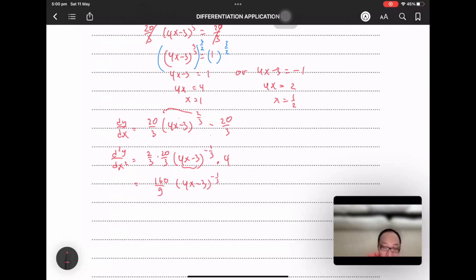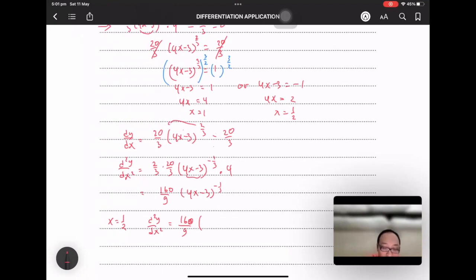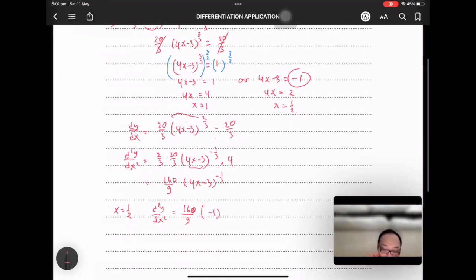Okay, now we check the stationary points. When x equals half, we have the second derivative as 160/9 times (4x - 3) to the power of -1/3. So the 4x - 3, I can put it as negative 1. So it's (-1)^(-1/3), so this is negative 1. So negative 160/9. So this is smaller than 0.